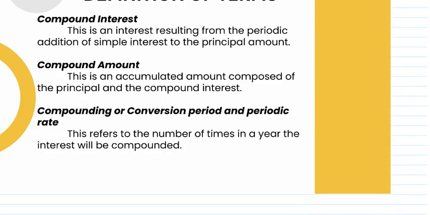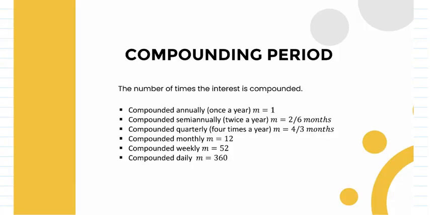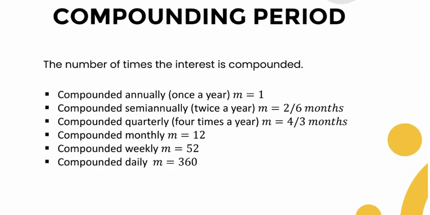So this refers to the number of times in a year the interest will be compounded. So that's how many times it will be compounded in a year. So for this case, since we're talking about our compounding period, ano now yung context ng compounding periods?